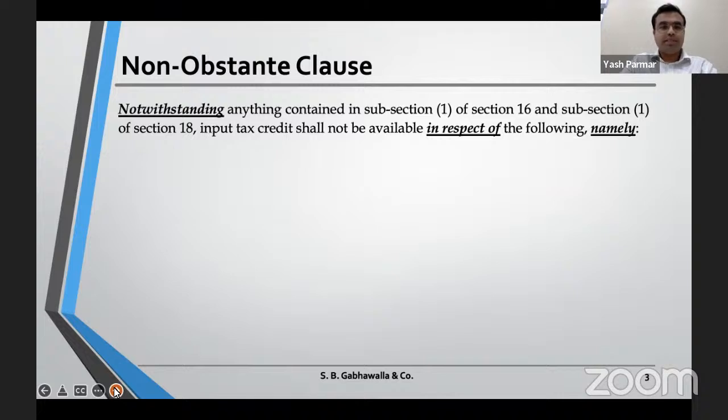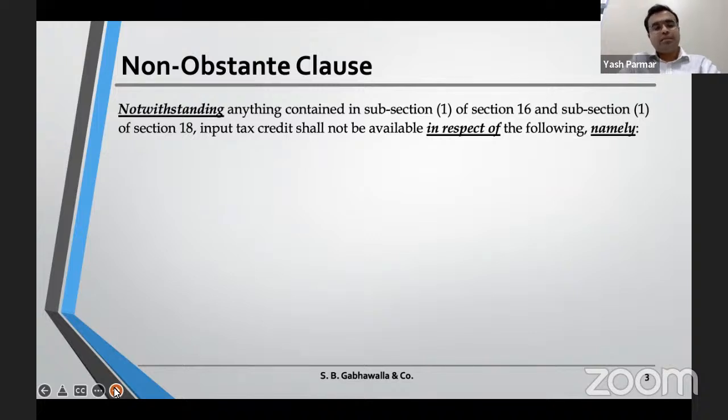Now, what do you mean by this? Let's start reading the opening paragraph of section 17, subsection 5. It reads as: notwithstanding anything contained in subsection 1 of section 16 and subsection 1 of section 18, input tax credit shall not be available in respect of the following, namely.